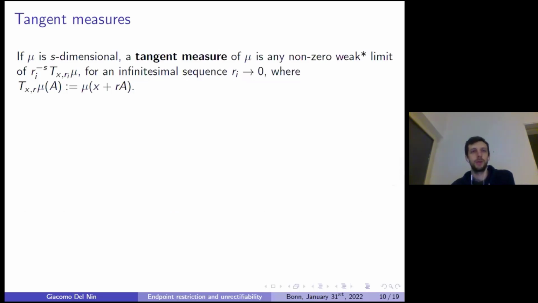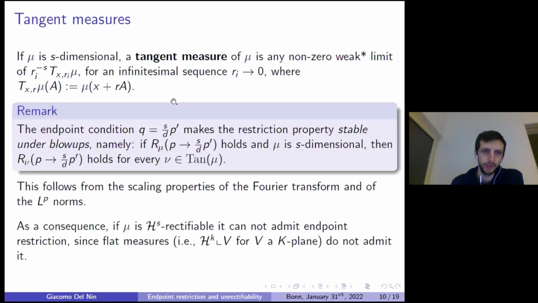I will first recall what tangent measures are, just to set the notation mainly. If we take an S-dimensional measure mu, a tangent measure is any non-zero weak-star limit of the rescalings of mu around a fixed point x for a certain infinitesimal sequence of radii r_i, rescaled by r_i to the minus s. And why am I talking about tangent measures, and why are we considering the endpoint conditions on the endpoint exponents?